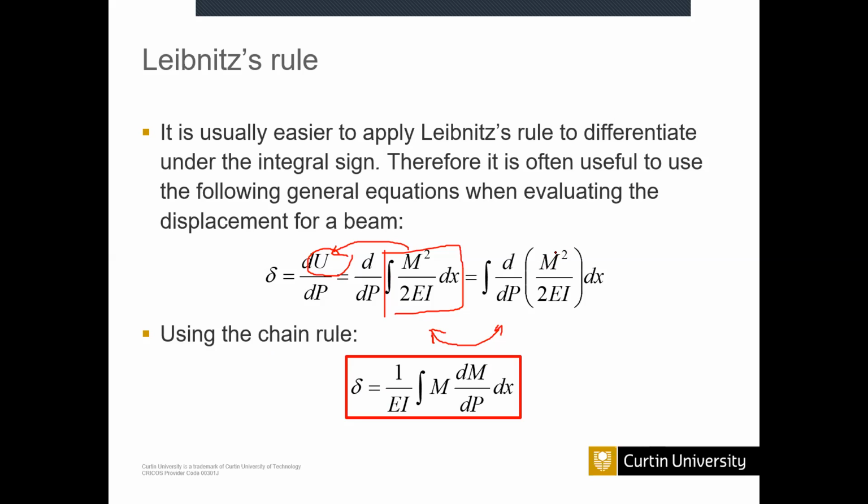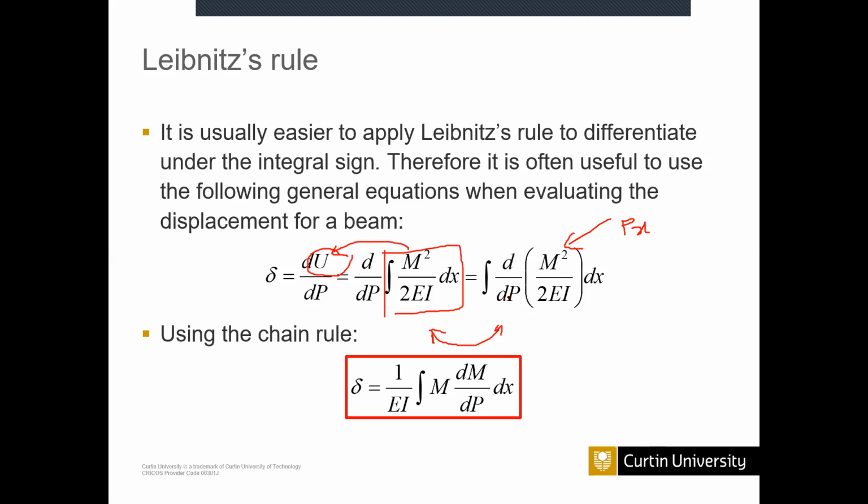Even though in M you can't see the P term, assume this is a linear force, just for understanding, Px. So then there is a P. When you differentiate with respect to P, the E and I don't have P. Only the bending moment has a P.